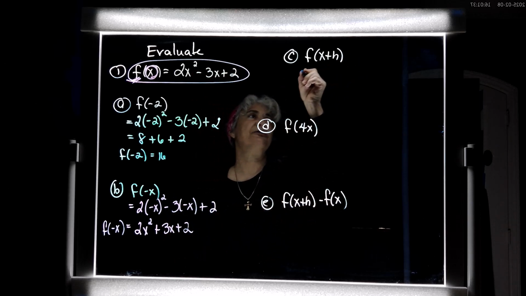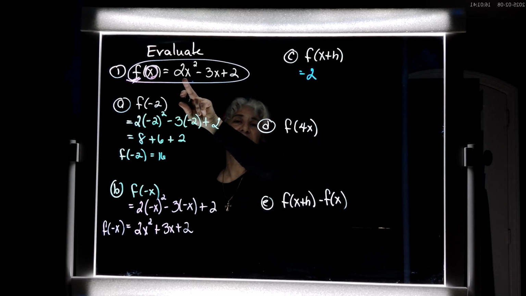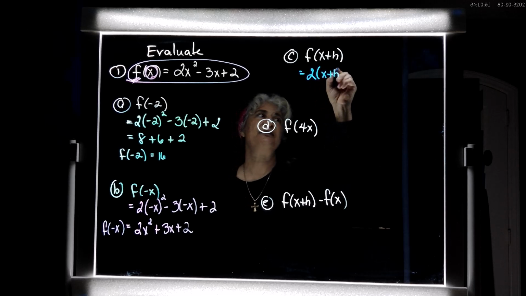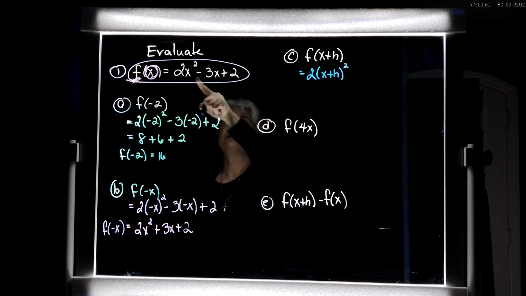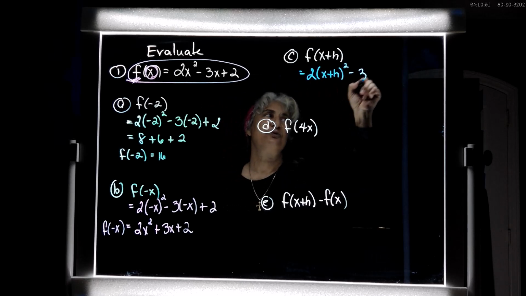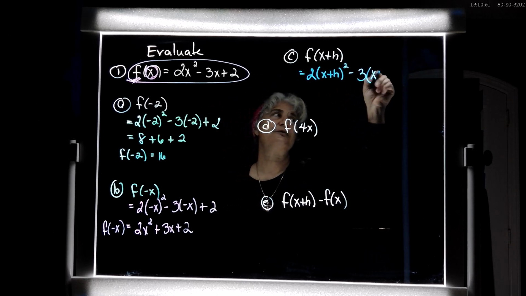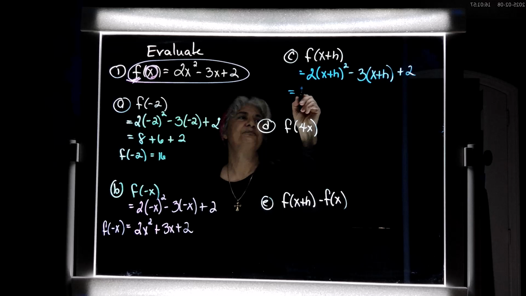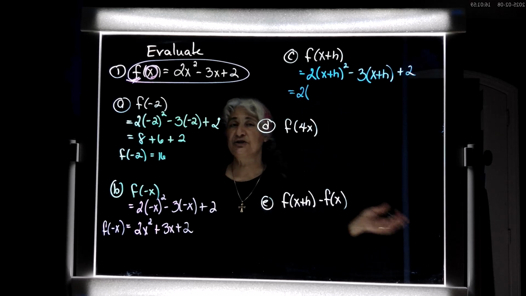Okay, so let's look here. So 2 times, that's right, this whole quantity, x plus h squared, minus 3 times x plus h plus 2. Good. Okay, so I'm assuming you remember how to distribute.